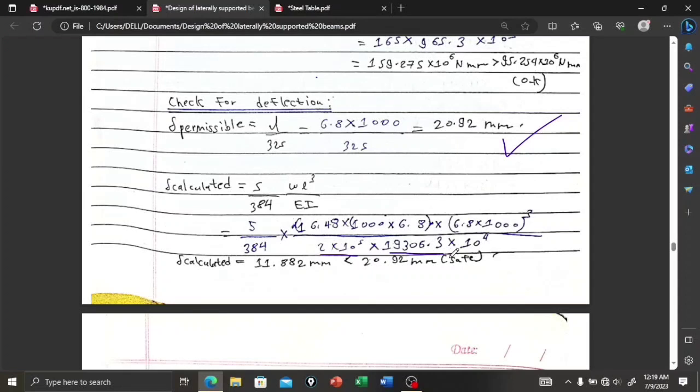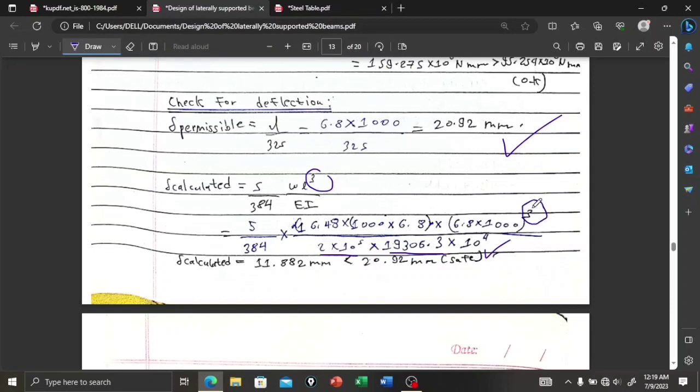To convert centimeter power 4 into millimeter power 4, we multiply by 10 power 4, and length is 6.8 meter, so in millimeter it is 6.8 into 1000, and this cube will be as it is.